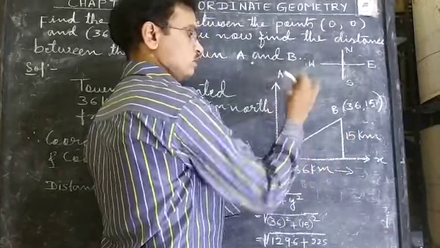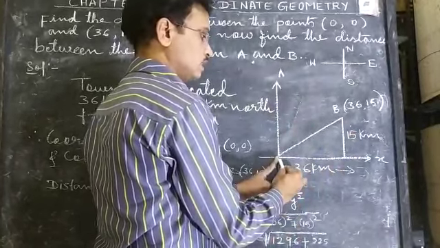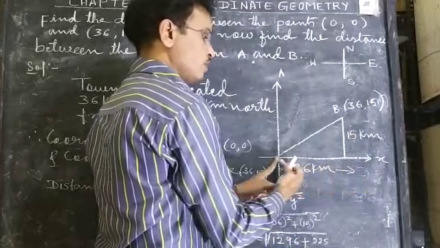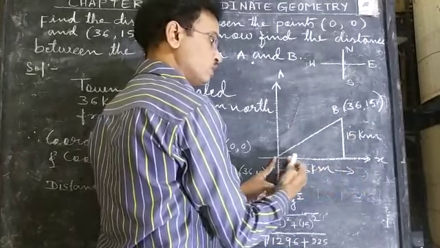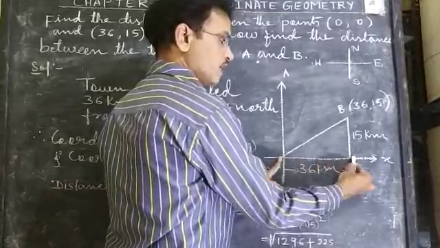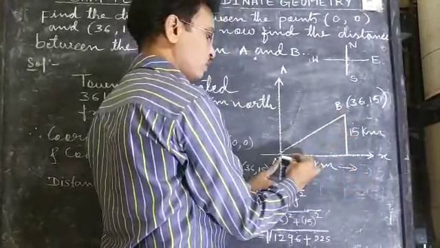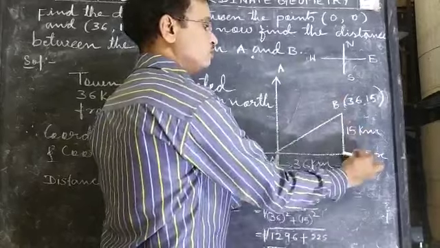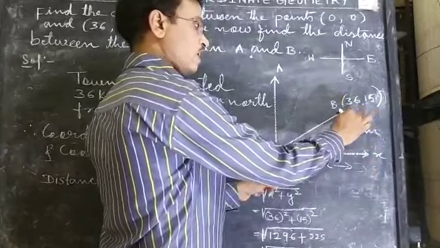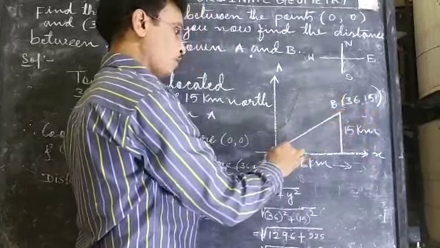36 kilometers away from town A towards east means we should take this side. Then 15 kilometers away from town A towards north means we should go up. Then we should join these 2 points.